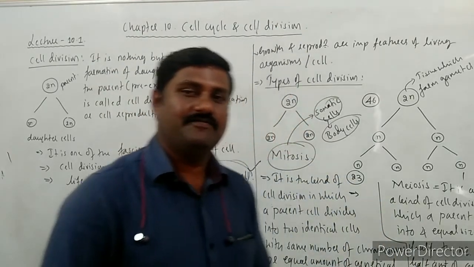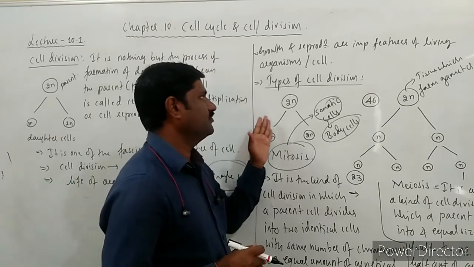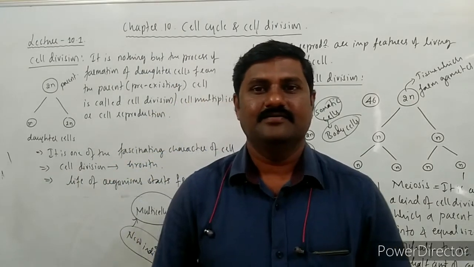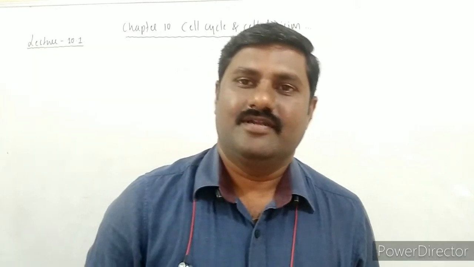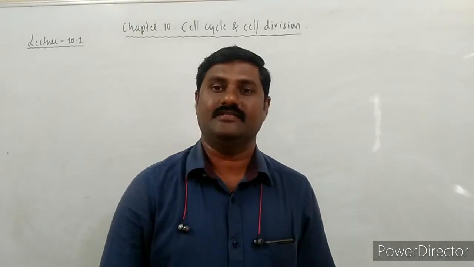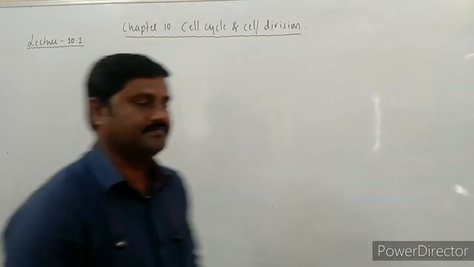Right? So that is the fact what you should be aware of. Types of cell division these are. Okay. Next concept is cell cycle. What is cell cycle? Let us see now.